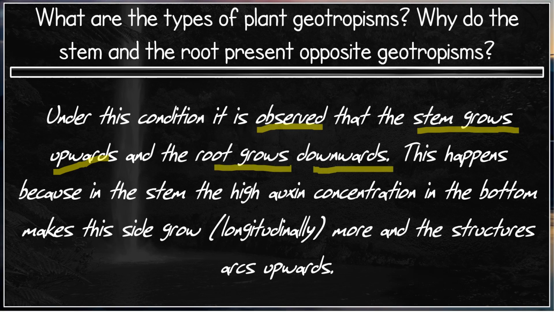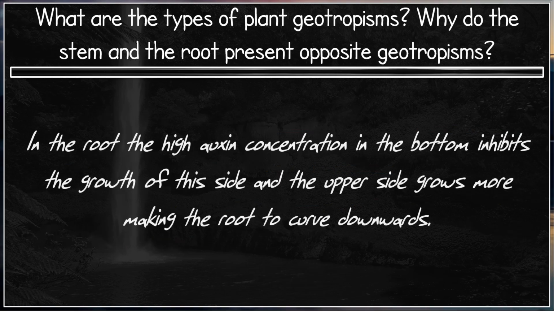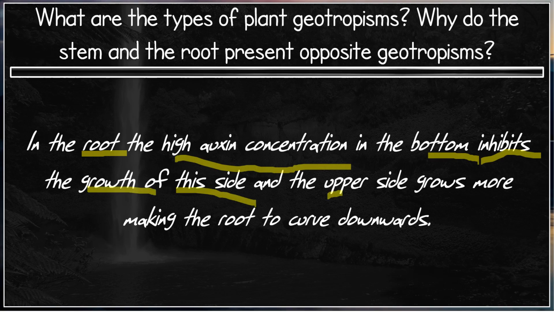This happens because in the stem, the high auxin concentration in the bottom makes that side grow longitudinally more, and the structure acts upwards. In the root, high auxin concentration in the bottom inhibits the growth of this side, and the upper side grows more, making the root arc downwards.